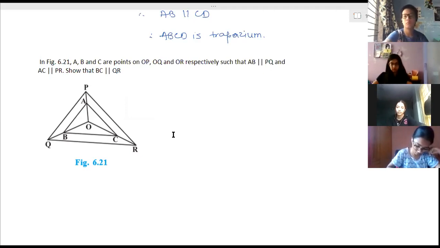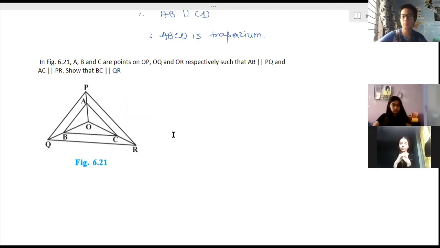So your homework is RD. Ma'am, how do we do this one? I don't know where to start. This question on the screen, 6.21. AB is given parallel to PQ. So which triangle consists of AB and PQ? POQ triangle.